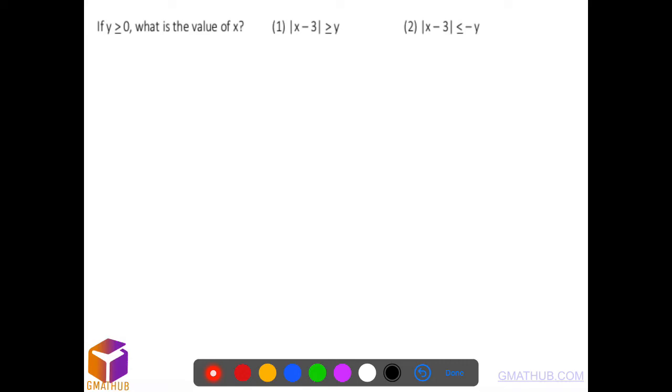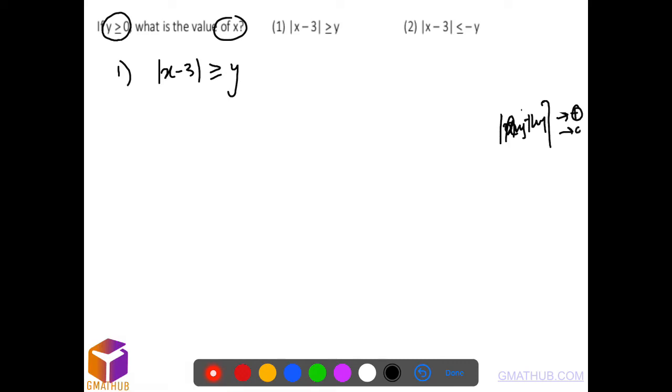In this question, y can be positive or 0. First statement, mod of x minus 3 is greater than or equal to y. We need the value of x. Now remember, mod of anything for that matter could be positive or 0. It's never negative. So the right hand side here could be positive or 0.